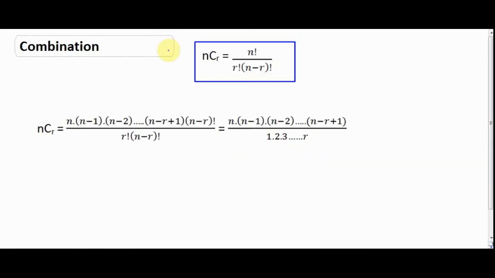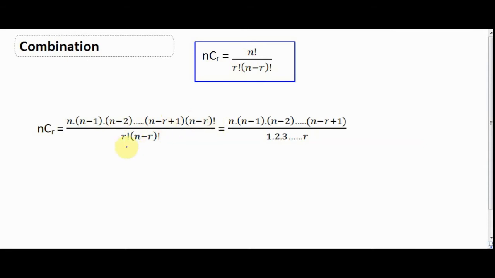Now let's see how to calculate combination values while doing problems. We know that nCr is equal to n factorial by r factorial into n minus r factorial. But this equation involves 3 factorials, which makes calculation time consuming. So let's see an alternate equation. Here n factorial can be expanded like this: n into n minus 1 into n minus 2 etc. n minus r plus 1 into n minus r factorial.